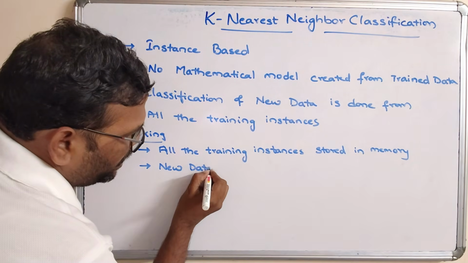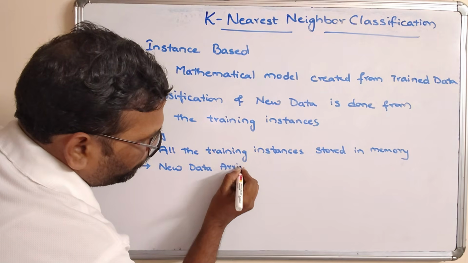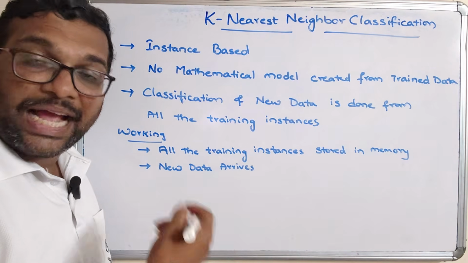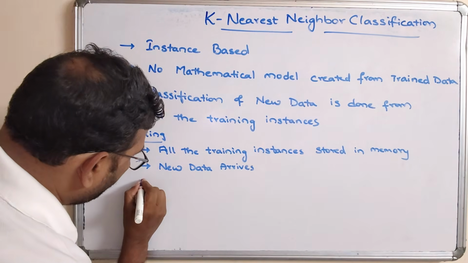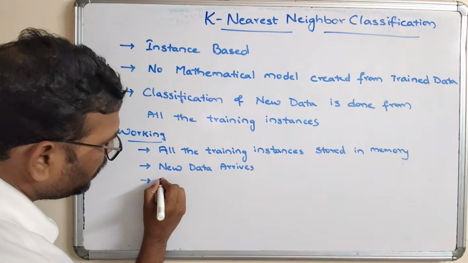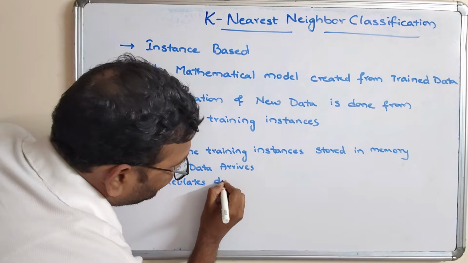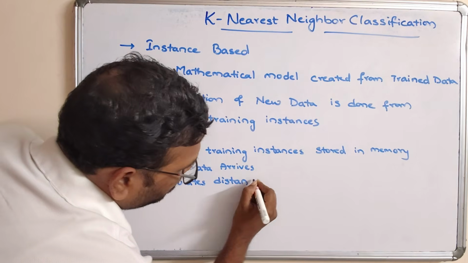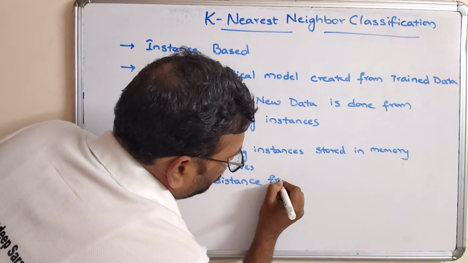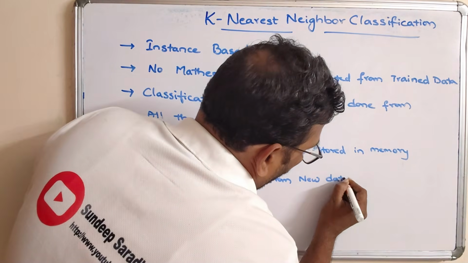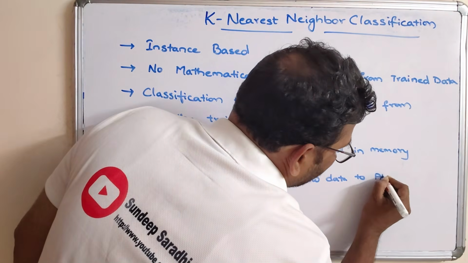Whenever there is new data, based upon the trained instances, we need to classify the new data. The next step, it calculates the distance from the new data to all instances.